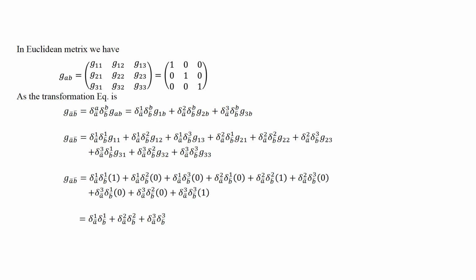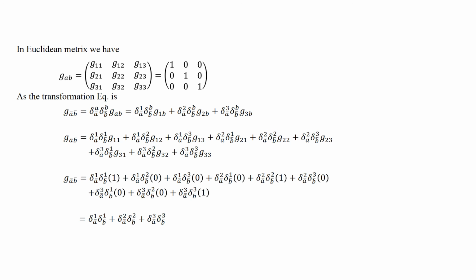Now substituting the values of G11, G12, G13, G21, G22, G23, G31, G32, G33 given in the Euclidean metric on the top of this slide, GAB. From the matrix it is obvious that GAB is equal to 1 0 0, 0 1 0, 0 0 1.